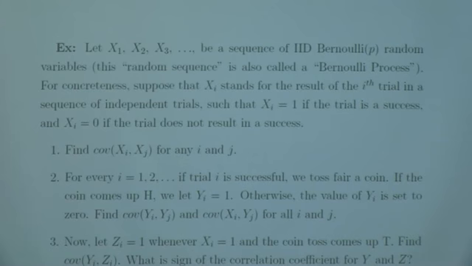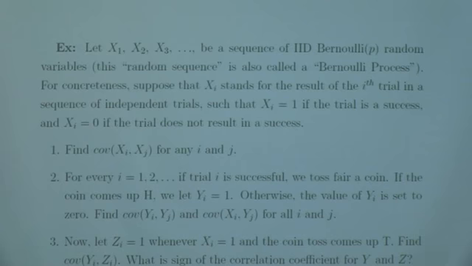For concreteness, suppose that x sub i stands for the result of the ith trial in a sequence of independent trials, such that x sub i is 1 if the trial is a success, and x sub i is 0 if the trial does not result in a success. Okay?